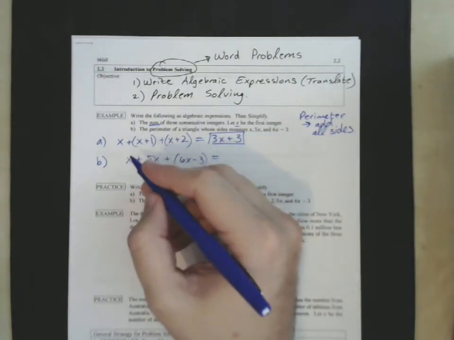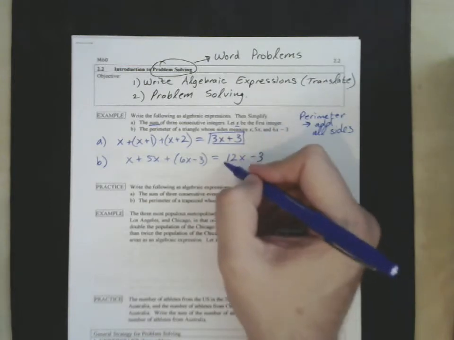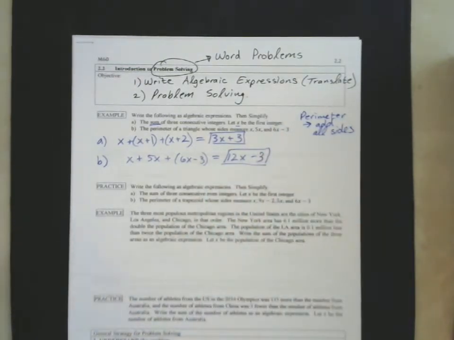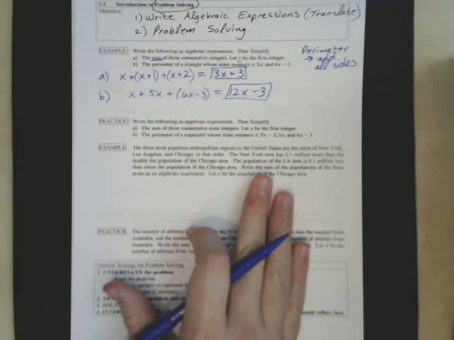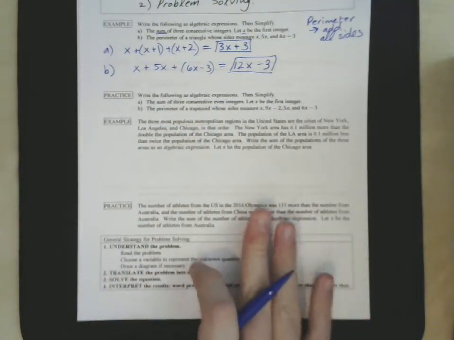And then simplifying, we have 12x total minus 3. And that's our algebraic expression for that perimeter. So that's all it means when we want to write algebraic expressions, right? We need to be able to translate from English to math so we know what to do. So there's some practice for you to get the hang of it there.